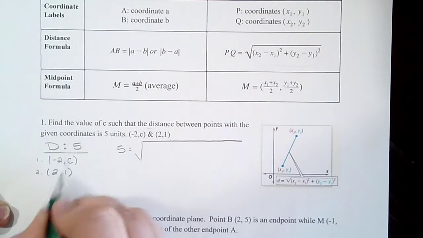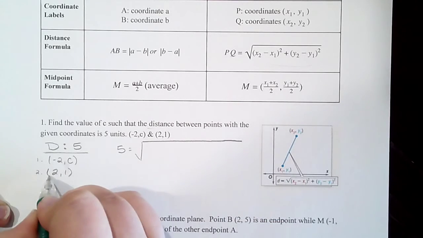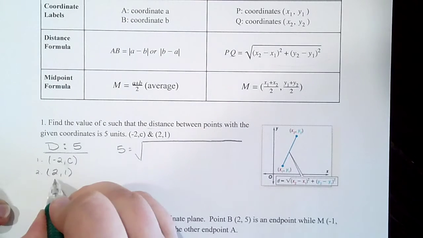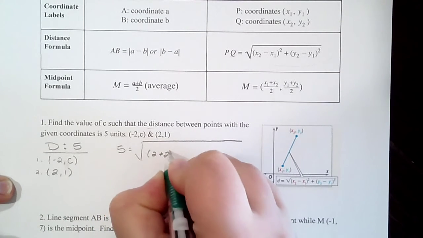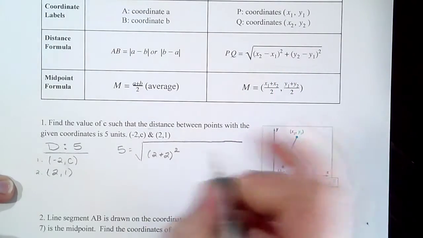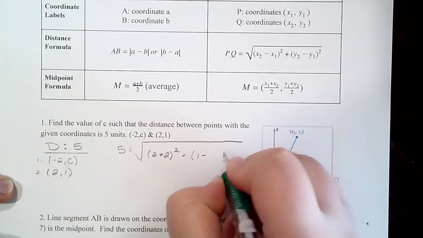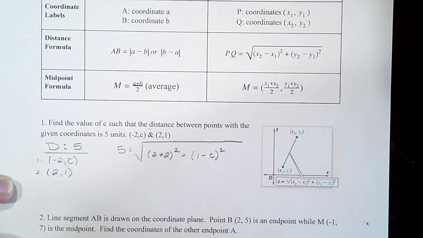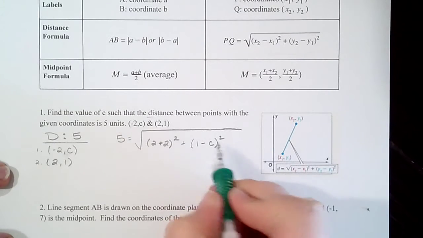It doesn't matter what order I go in. I could even do it the other way where I do x1, x2, as long as you're consistent between your x's and your y's. So x2, 2 minus -2 squared, that's this piece, plus y2 minus y1 squared. And now I just have to solve for my missing piece here.